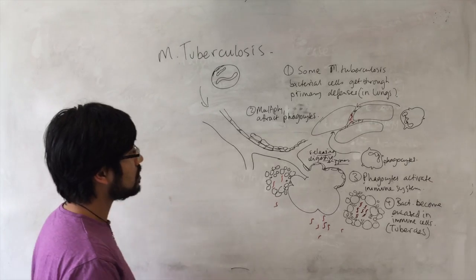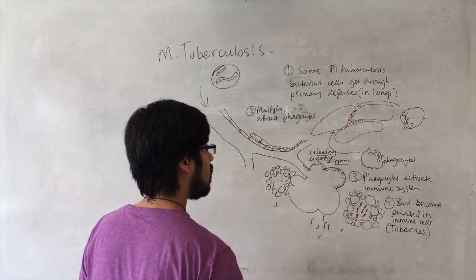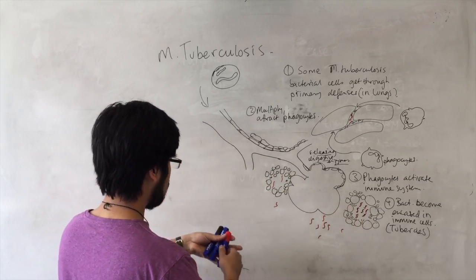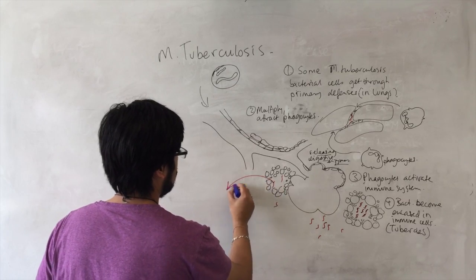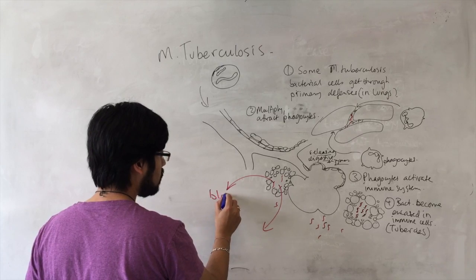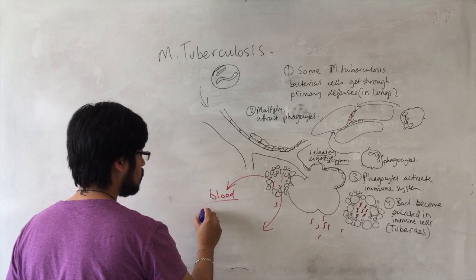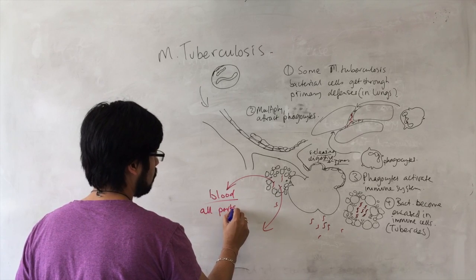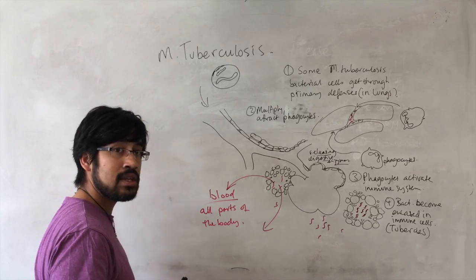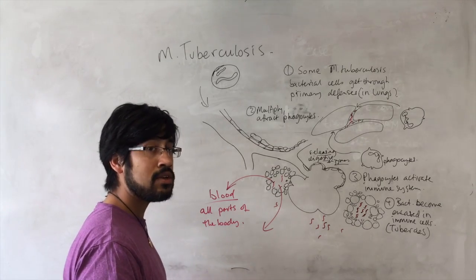Okay, so that's tuberculosis. I don't think you need to know this, but in very advanced stages, if these tubercles were to burst, and if these bacteria were to make it into the blood, they could go to all parts of the body, and essentially that's when the infection has reached a really dangerous stage.